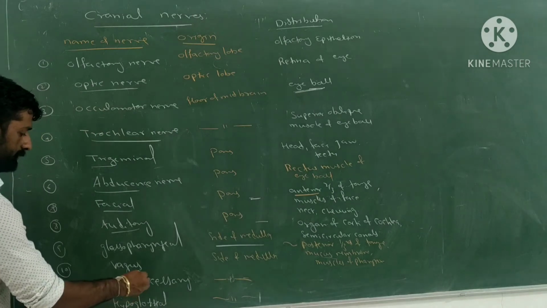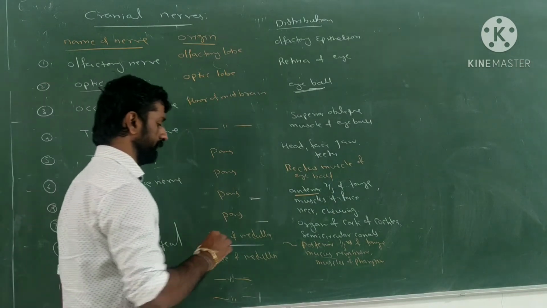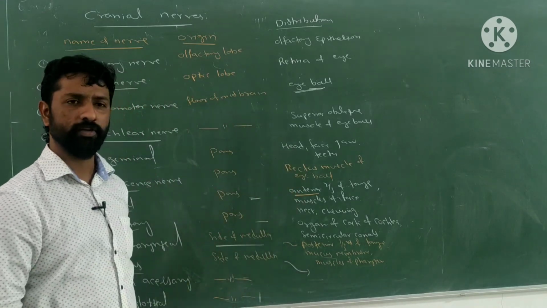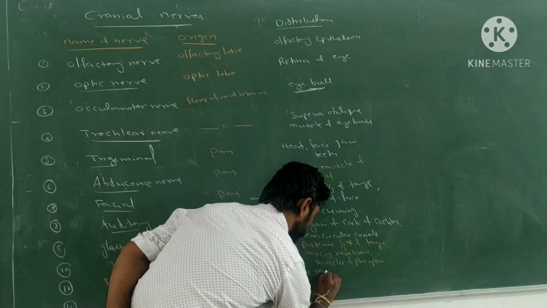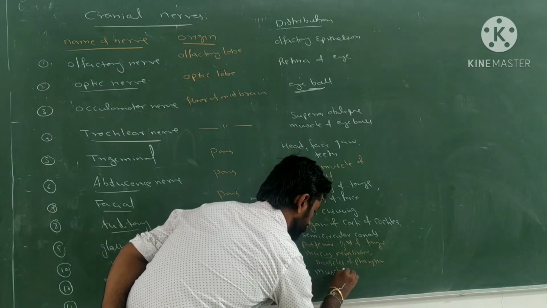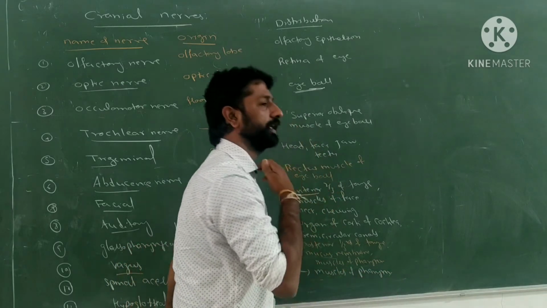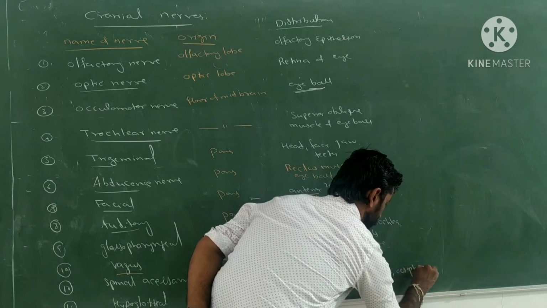Next is the vagus. The vagus nerve is mainly distributed among the muscles of the pharynx. What is next to the pharynx is the esophagus.